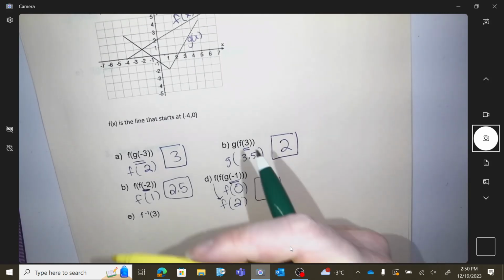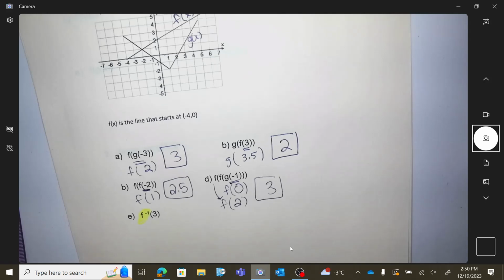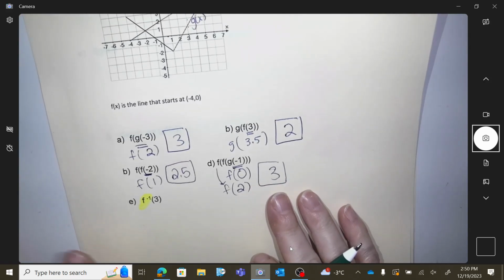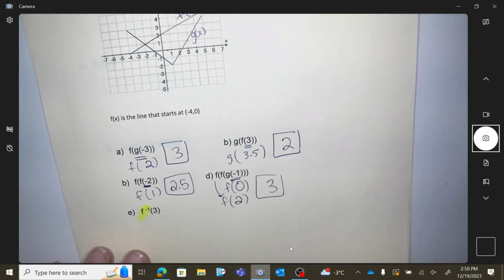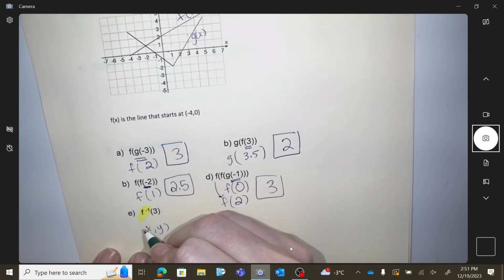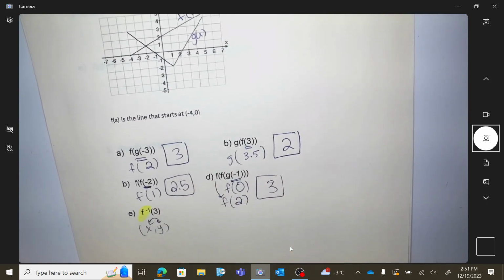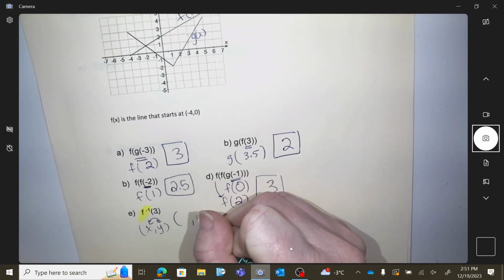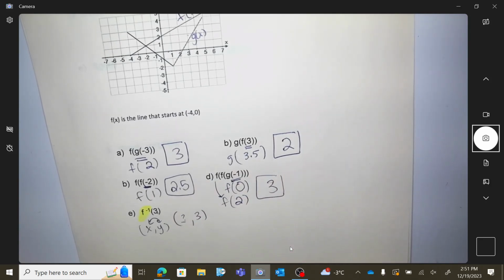Okay, last question here. What does this little symbol mean? Inverse. So what does inverse do? Okay, so what does this mean? This time, the 3 is the output, and you're trying to figure out where the height of 3 is.